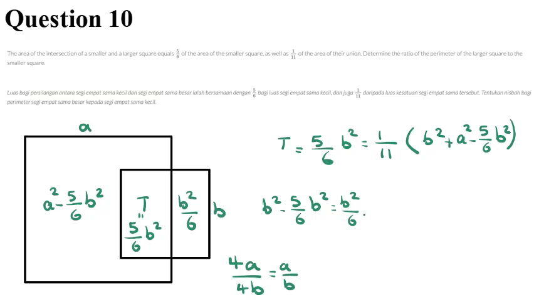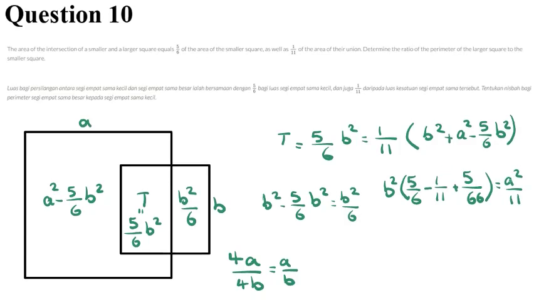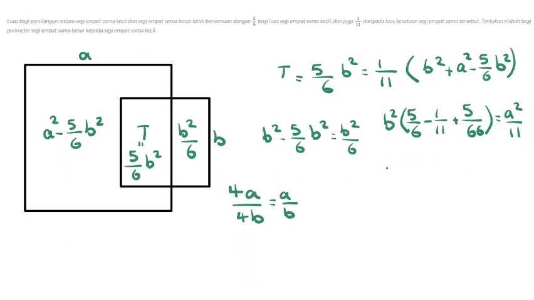Now here we want to use B squared. Okay, let's solve this one. 5 over 6 B squared is this. So if I want to consider B squared, I have 5 over 6 here, minus 1 over 11, and if you take it to the left hand side, it will be plus 5 over 66. B squared equals A squared over 11. And here you can multiply both sides by 66.